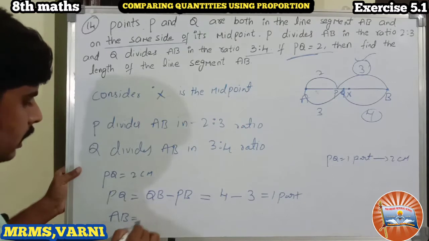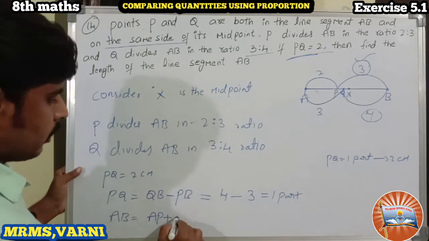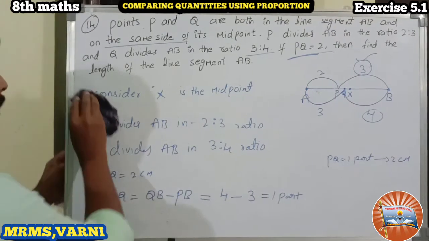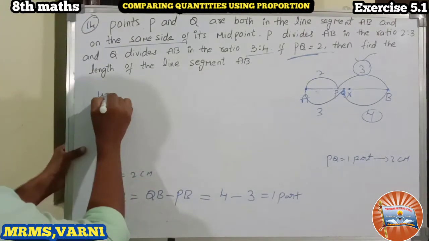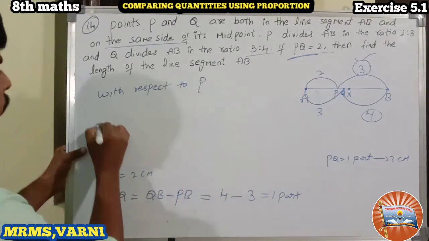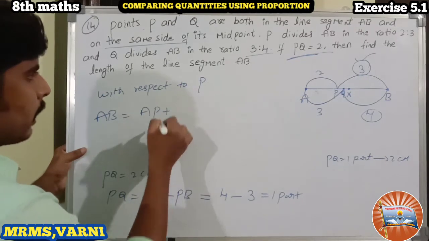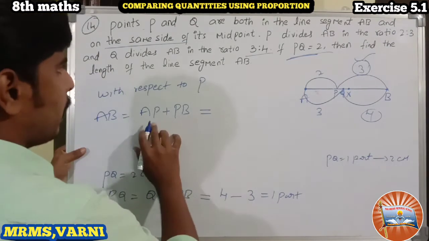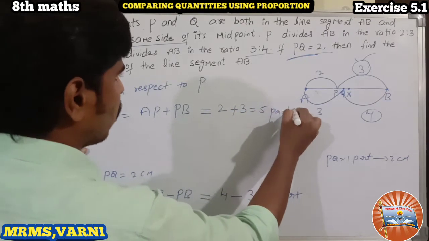Now AB is equal to AP plus PB with respect to P. That is nothing but AP 2 parts plus PB 3 parts, total 5 parts.